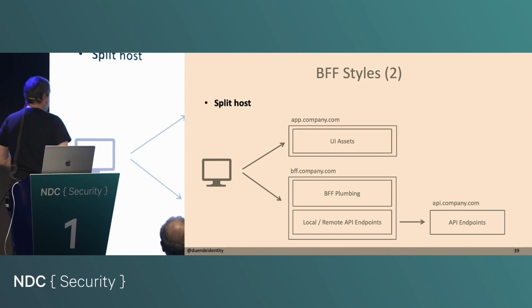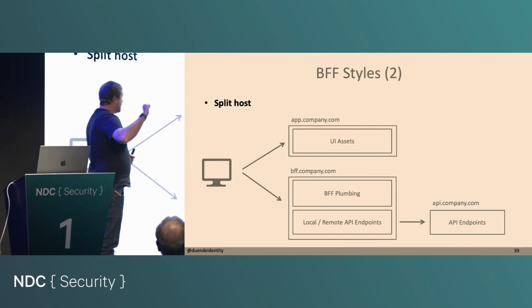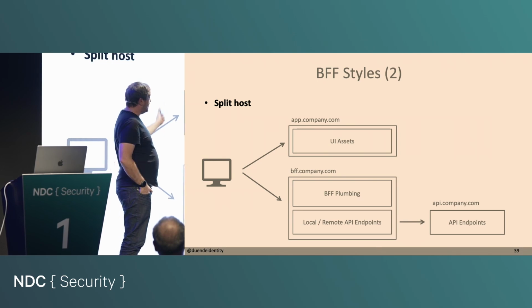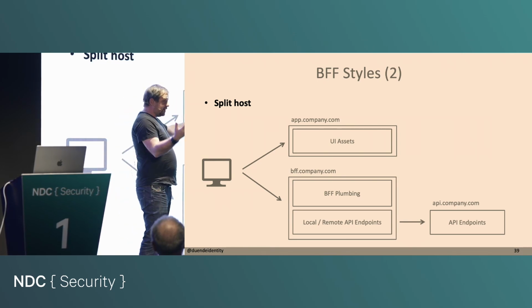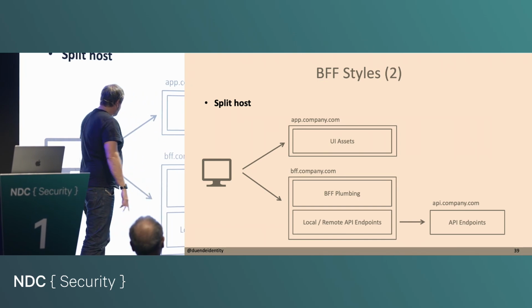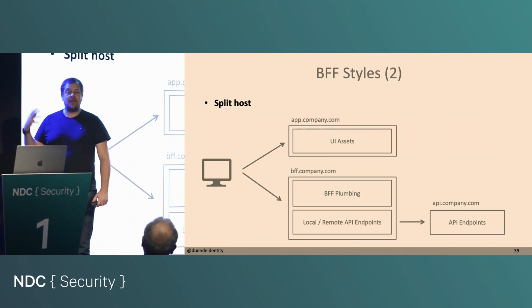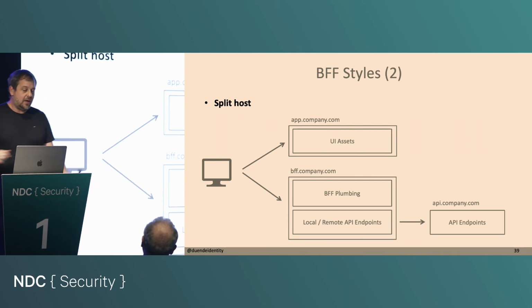Now, of course, the consequence of that is, as you rightly say, now you need CORS. Because now your UI, your JavaScript, tries to cross-origin call API endpoints, and now you have to open up the origin, in this case app.company.com, to the backend.